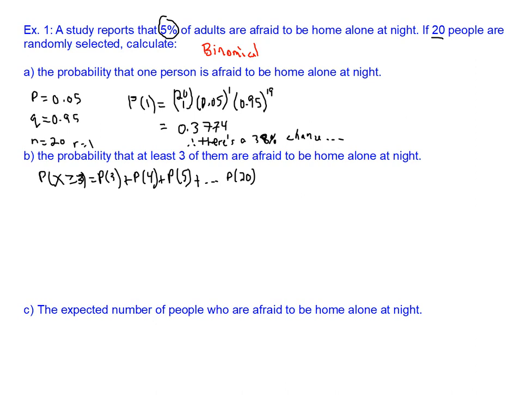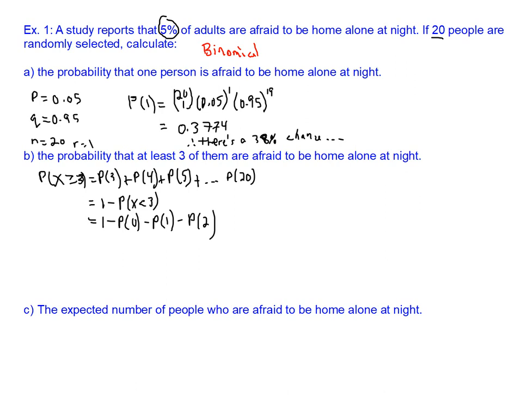So if we're going to use the indirect method, we say that we want to find the probability, and this is going to equal 1 minus the probability that x is less than 3, which is the same as 1 minus the probability that x is 0 minus the probability that x is 1 minus the probability that x is 2.